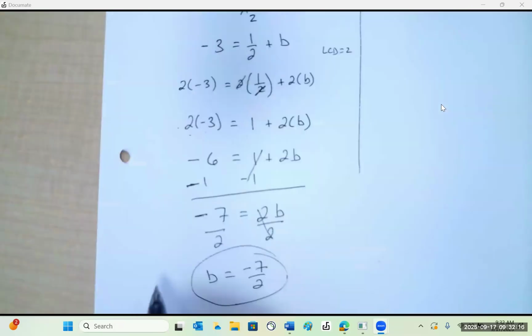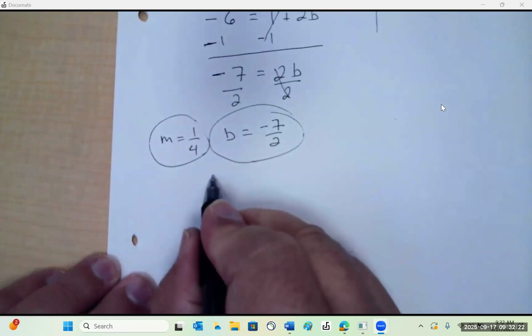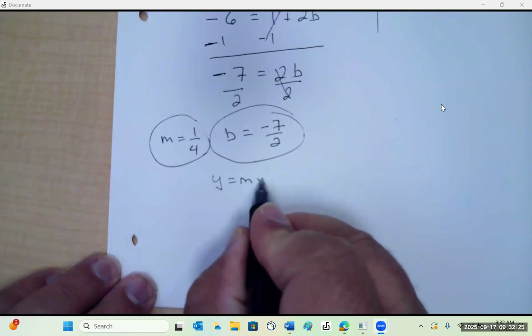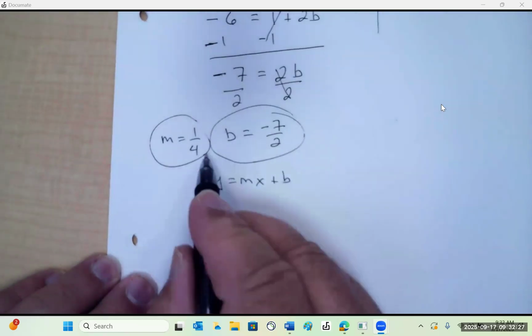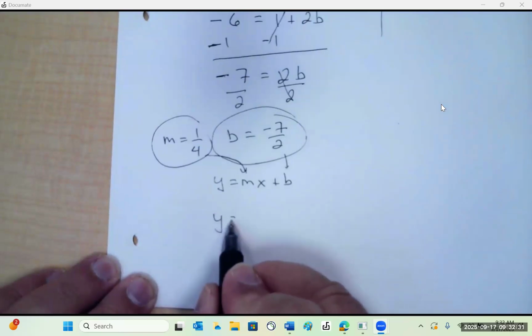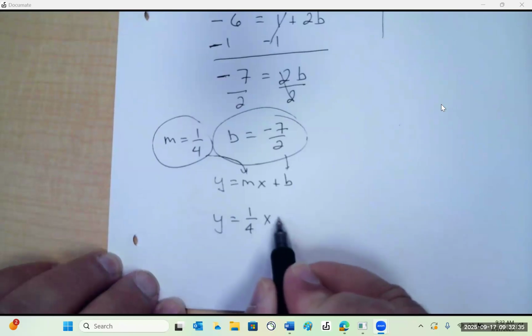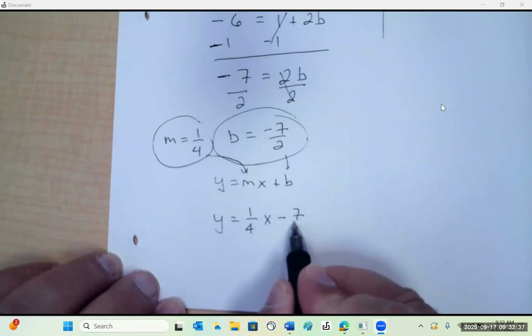Remember, the slope of this side was 1/4. So plug it back inside here. Plug in your slope, plug in your y-intercept. So your answer is 1/4 x minus 7/2.